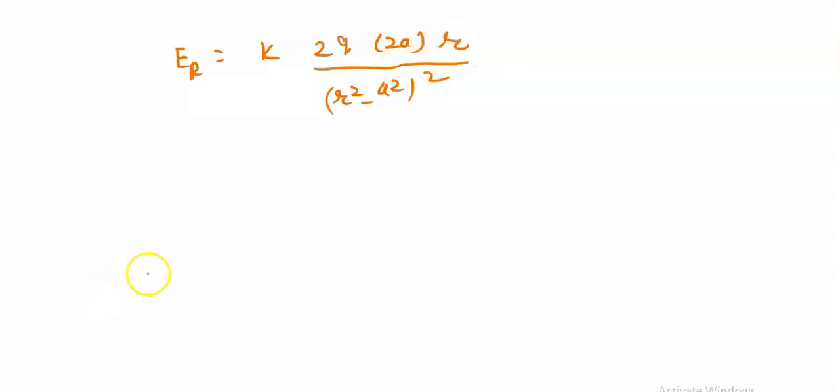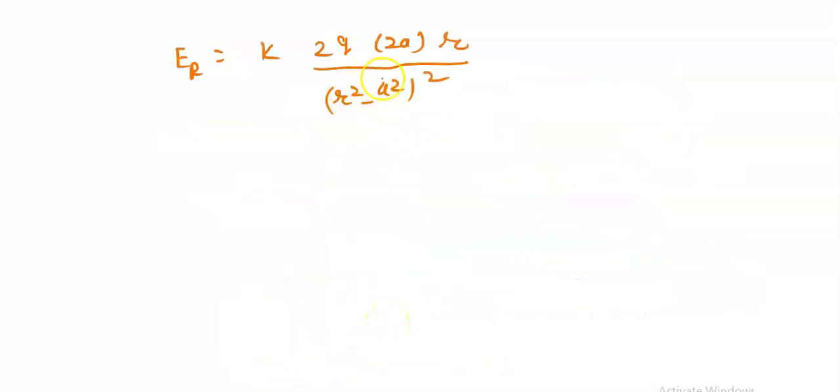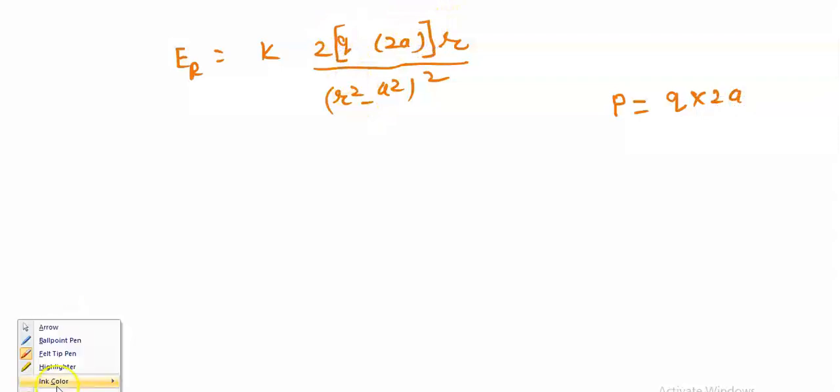You can see that 2 twos are 4, 4QRA. This is what was there in the numerator, and that's what we adjusted here. Now you must be wondering why did we do that? So you see here, P is equal to Q into 2A. We know this. So this Q into 2A, we can write it as P, and P is nothing but the electric dipole moment.